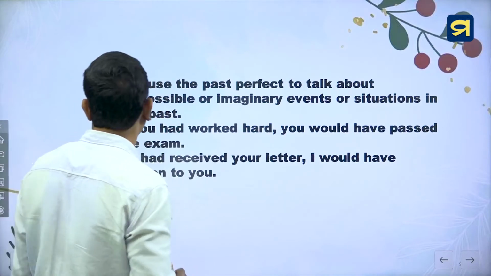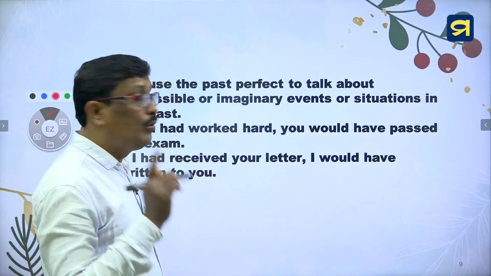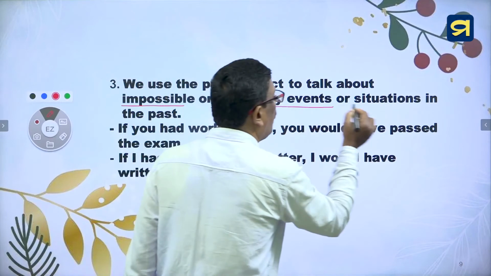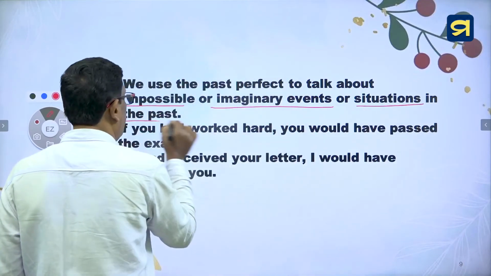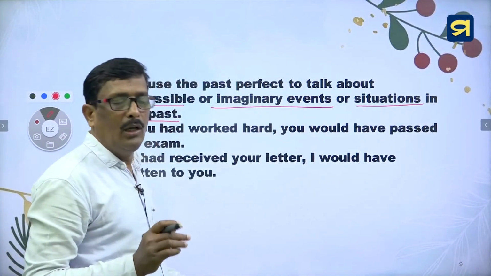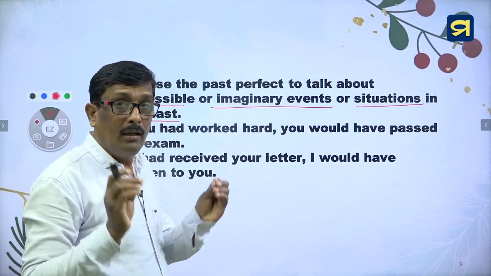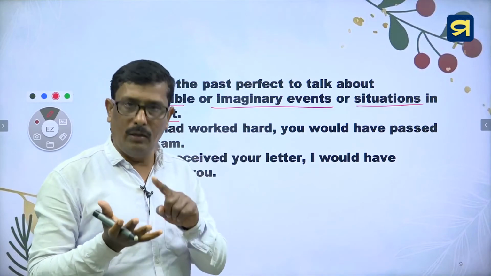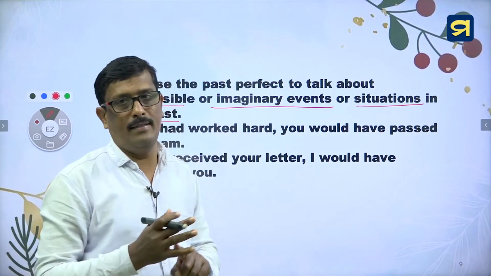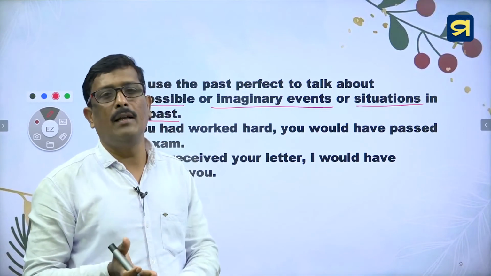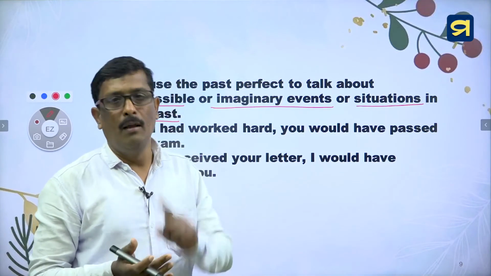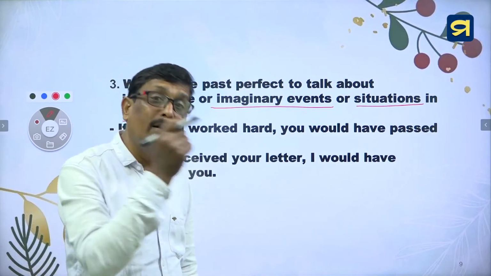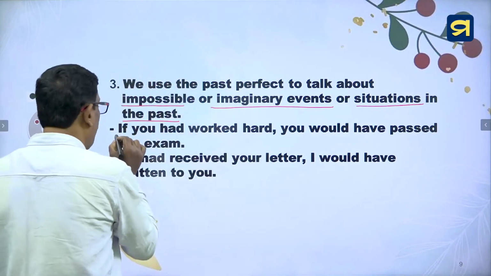Next, we use past perfect to talk about impossible, imaginary events or situations in the past. And generally we use what? The third conditional. Generally, conditional clauses are of four kinds: zero conditional, first conditional, second conditional, and third conditional. For the third conditional, past perfect tense is used in what? In the adverb clause. You see, it is an adverb clause.